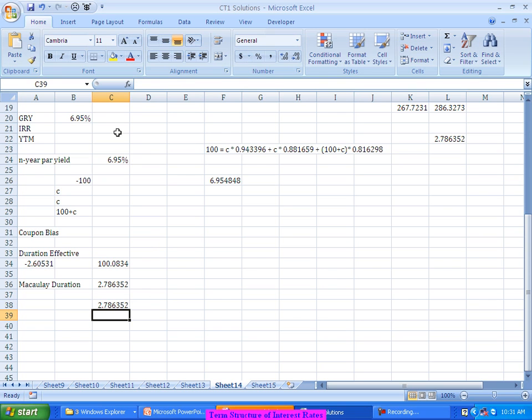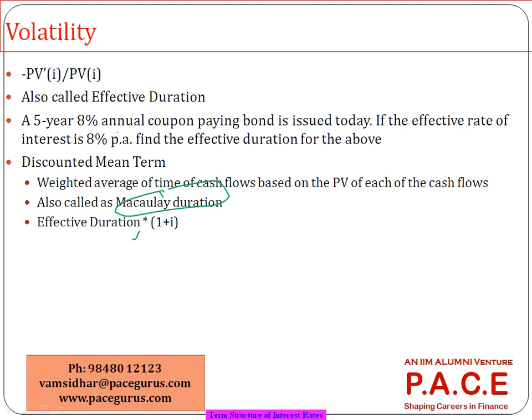That is the relationship we are defining between the effective duration and the Macaulay duration. So even if the effective duration is given and I have to find the Macaulay duration, all I need is the effective duration multiplied by 1 plus I, where I is the effective rate for that particular period.